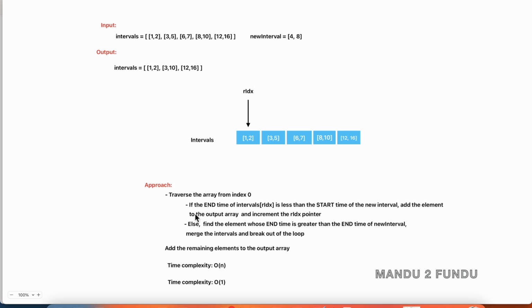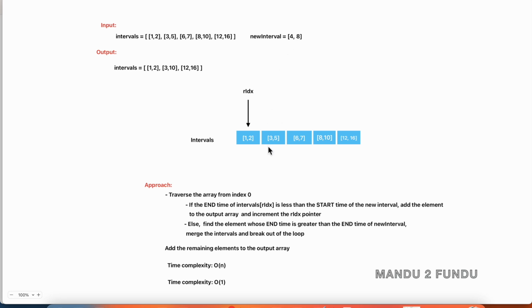Okay, so that is what we are doing here. If the end time of the current entry pointed to by the read index is less than the start time of the new interval, then we can advance the pointer. That means there is no overlapping, so we can simply move forward to the next element and check whether there is an overlap.